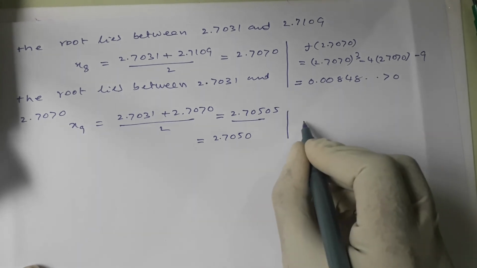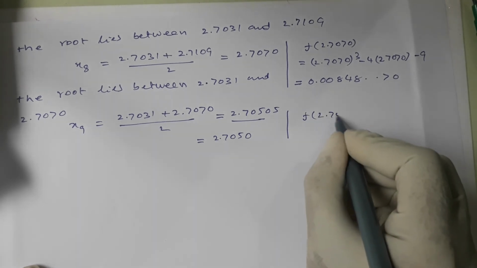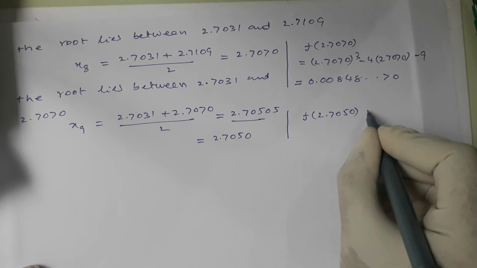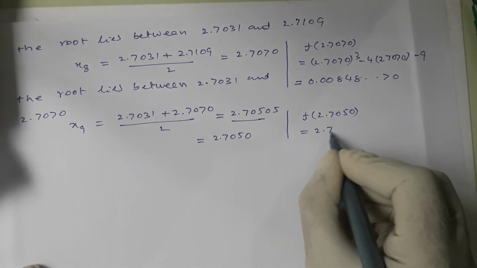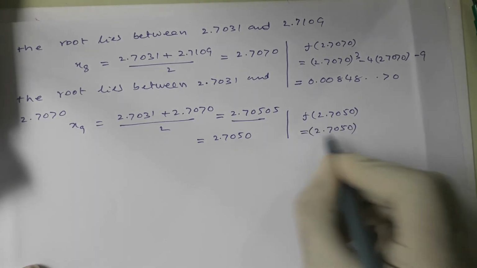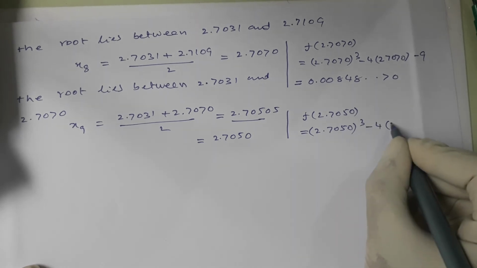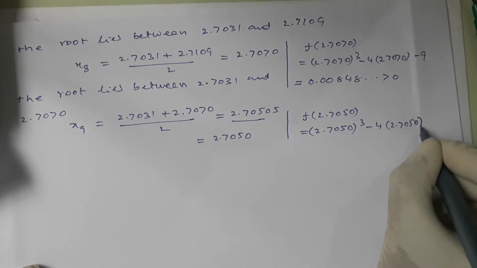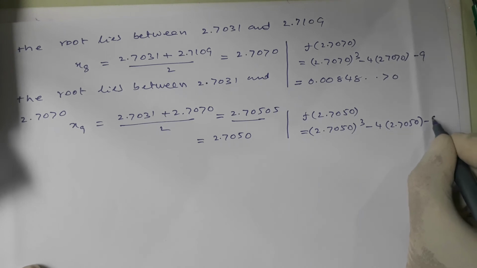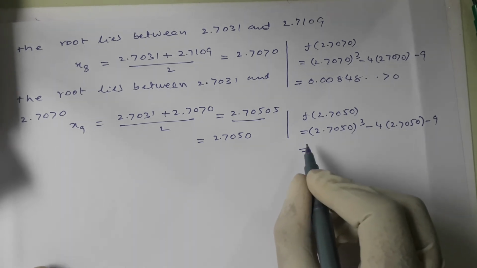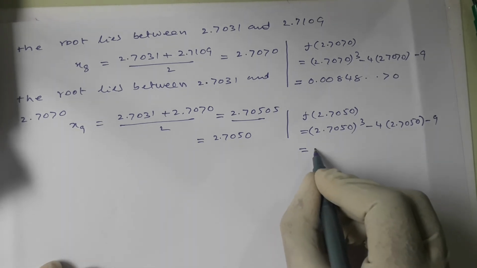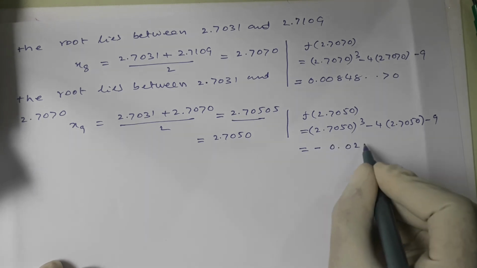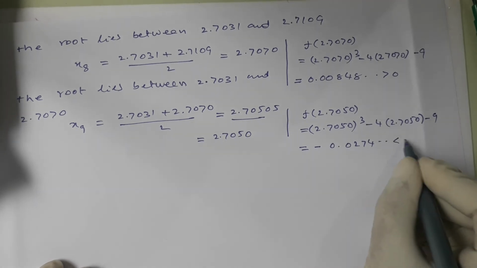So that f of 2.7050 is equal to 2.7050 whole cube minus 4 into 2.7050 minus 9 is equal to minus 0.0274. It is less than 0.